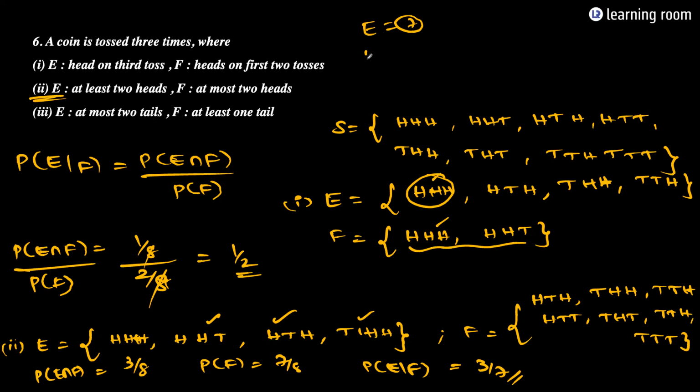Okay. F is at least one tail. At least one tail also has 7 elements. Then how many will be in E intersection F? Head, head, head will go, tail, tail, tail will go. You have 6. So probability of E intersection F is 6/8. Am I right, guys? And what is the probability of F?